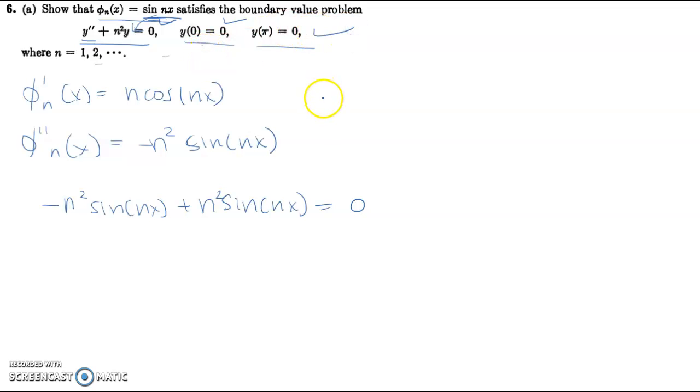So the second boundary condition is also satisfied. This is, I think, probably the easiest way: just finding the derivatives, plugging them in accordingly, and showing that this equals 0.